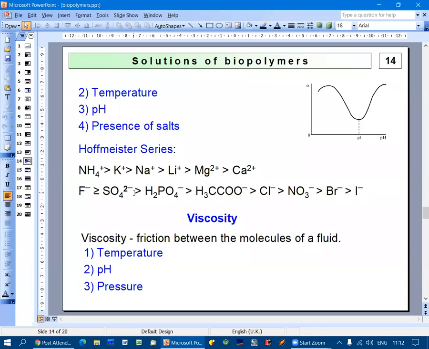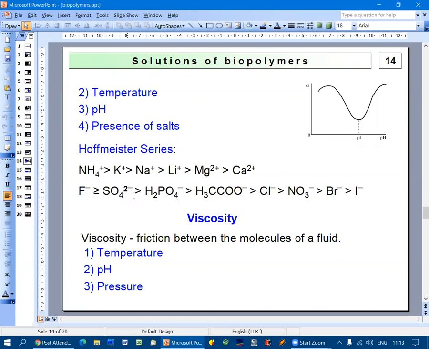And again, if we compare, for example, the degree of swelling of a polymer with isoelectric point lower than 7, in pure water or in solution of ammonium sulfate, in ammonium sulfate it will be lower, but not just because of the presence of these cations and anions, but one more factor will be important.